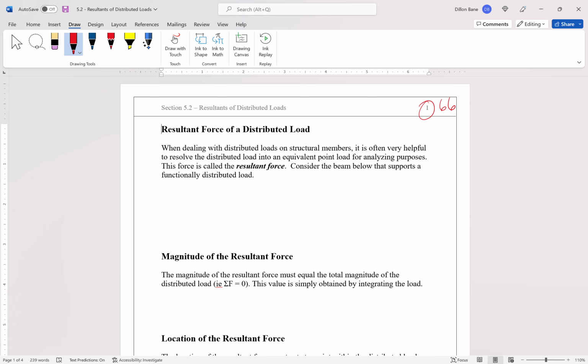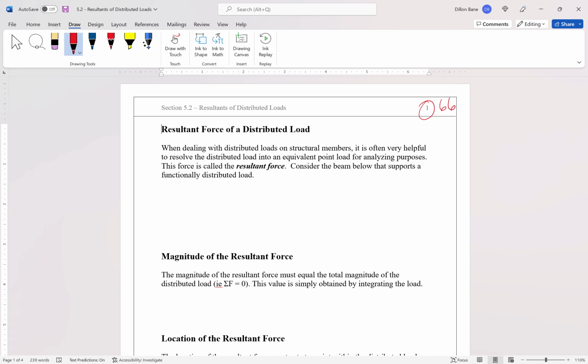So in class on Tuesday, we finished up talking about section 5.1, which was what we generally called our introduction to structures. We talked about the different types of beams, different types of supports, the different types of loads: point loads, uniform loads, triangle loads, trapezoid loads.